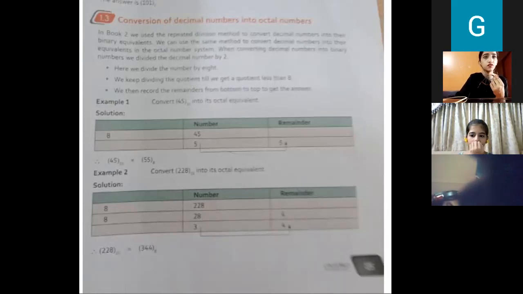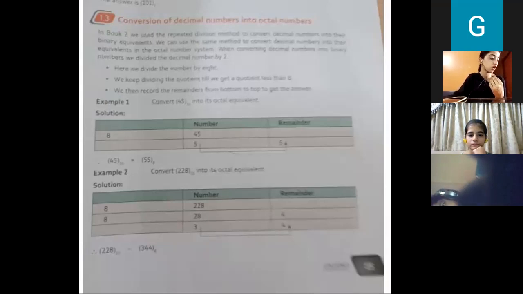For example, example number 1 from page 5, have a look everyone. Convert 45 base 10 into its octal equivalent. Here they have the number 45, they divided it by 8 and got the remainder 5 with the quotient 5, so 55 was the answer in base 8. Example 2 is convert 228 base 10 into its octal equivalent. Number 228 was divided by 8.